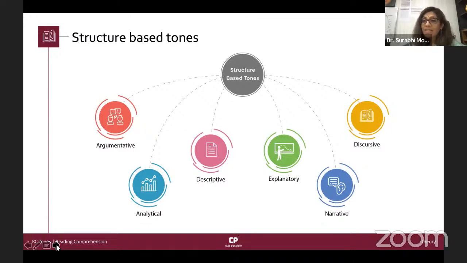In the analysis, more than one voice is present. That means the author presents you points of view from around everywhere.